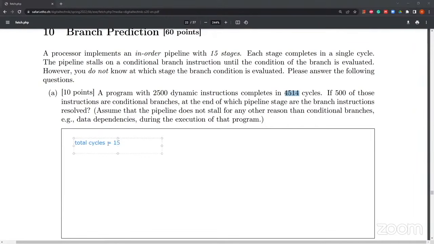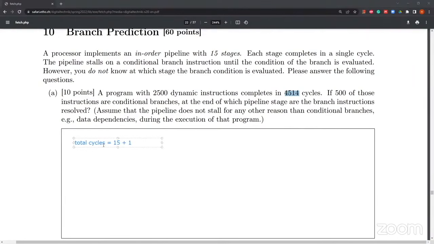It will execute in exactly 15 cycles because the instruction will go through every one of the pipeline stages. If you have two instructions, then these two instructions will be executed in 15 plus 1 cycles.